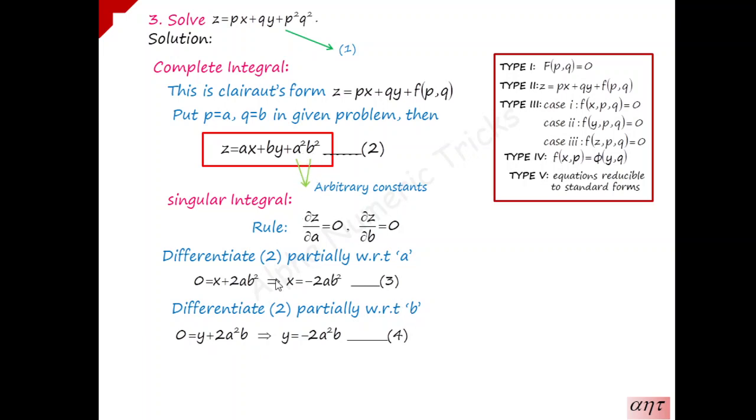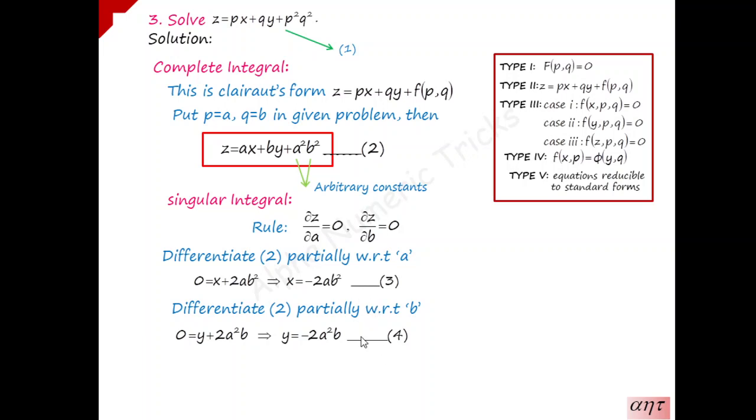Here a squared is constant, so write it as it is, and the differentiation of b squared with respect to b becomes 2b. Taking 2a squared b to the other side, it becomes minus 2a squared b, which is the value of y. Number that equation as 4.